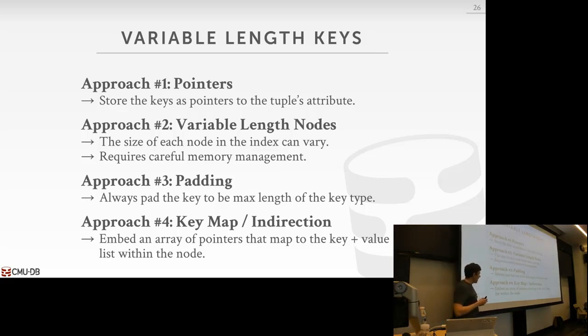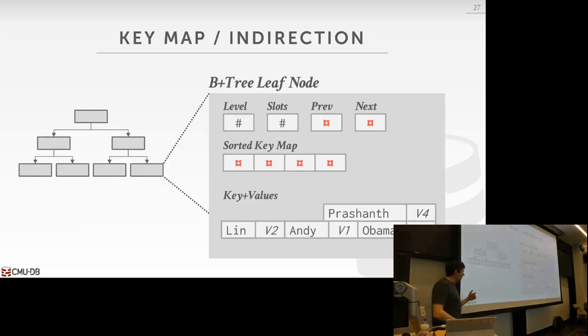All right, what's probably more common is to use an indirection map, where we'll store pointers for our keys inside of our sort of key array, but the pointers are actually just offsets to locations in our node itself, rather than to some arbitrary page. So it would look like this. We have the sorted key map.